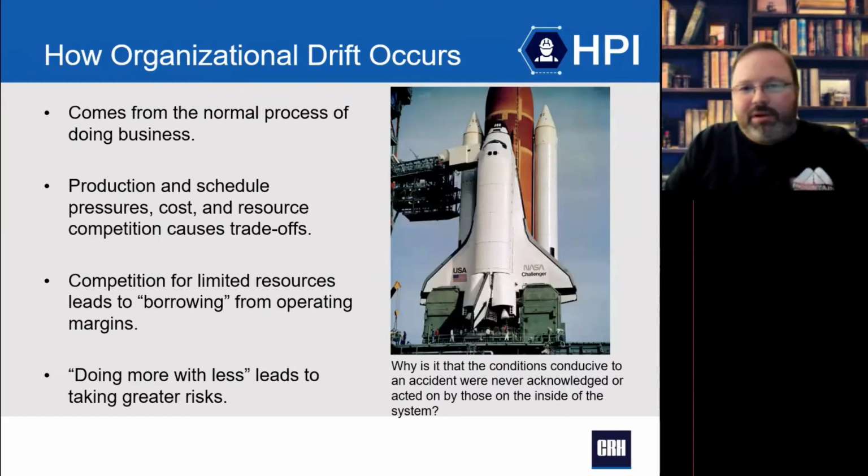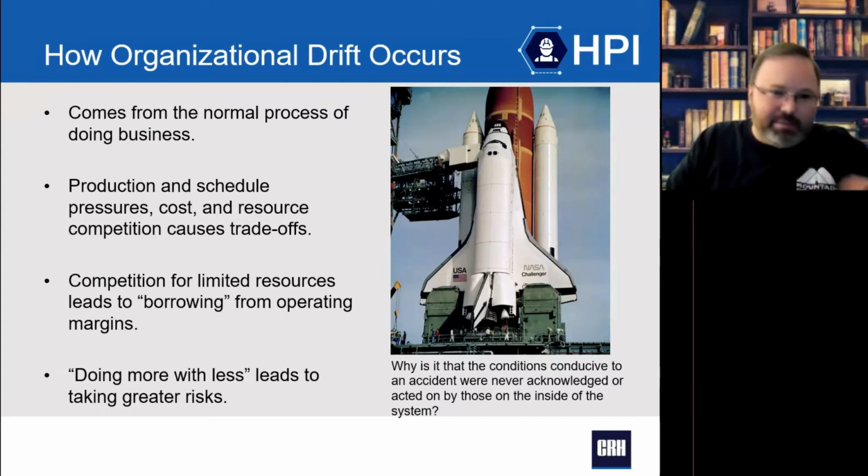How does organizational drift occur? Well, it comes out of the normal process of doing business. Production and schedule pressures, costs, resources, competition, it all causes trade-offs.